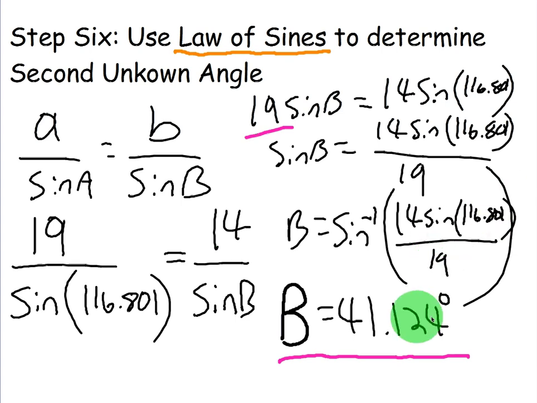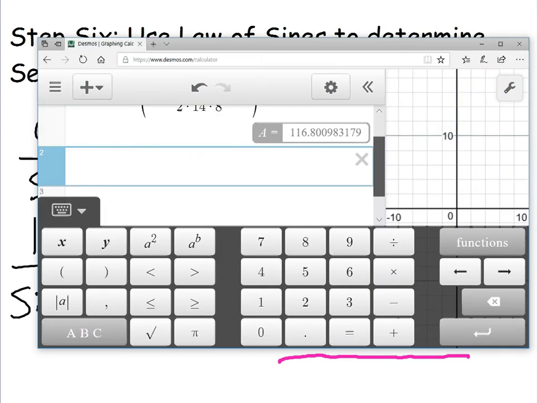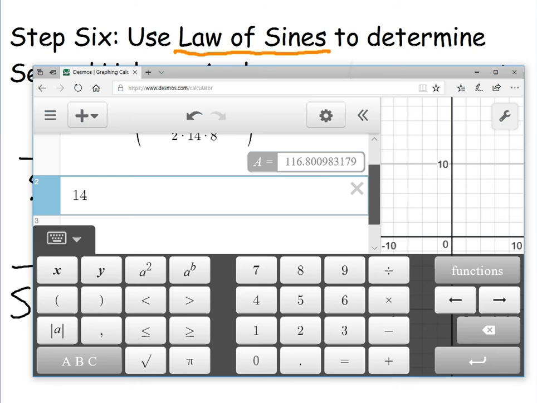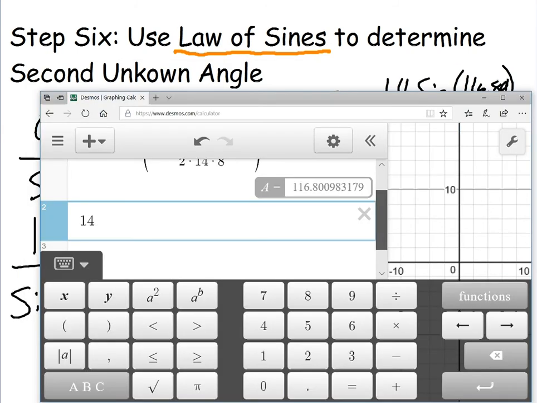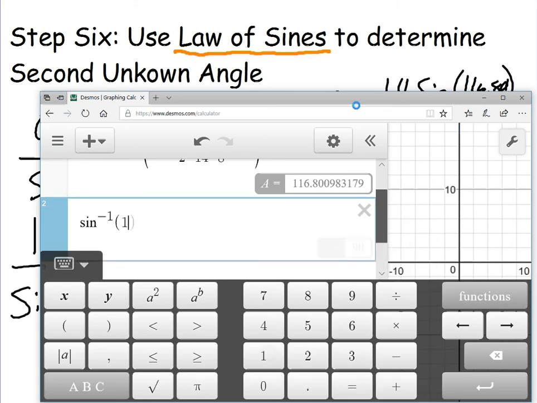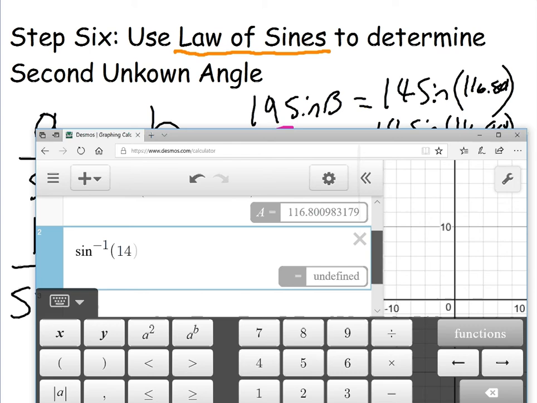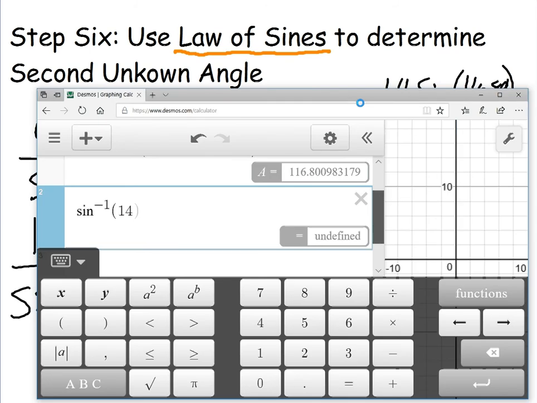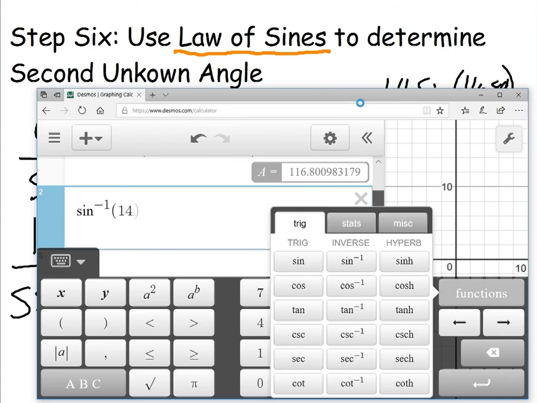I want to double check to make sure that I stored this right in my calculator, so let's go ahead and plug this in. Oh, forgot my sine inverse. Okay. So it's going to be sine inverse, go to functions, sine inverse of 14 sine, make sure that's inside the sine inverse.